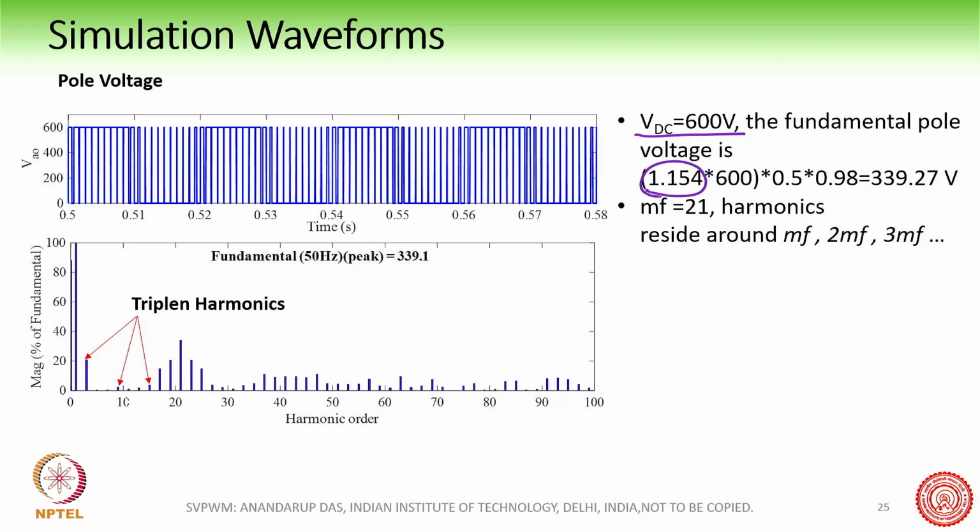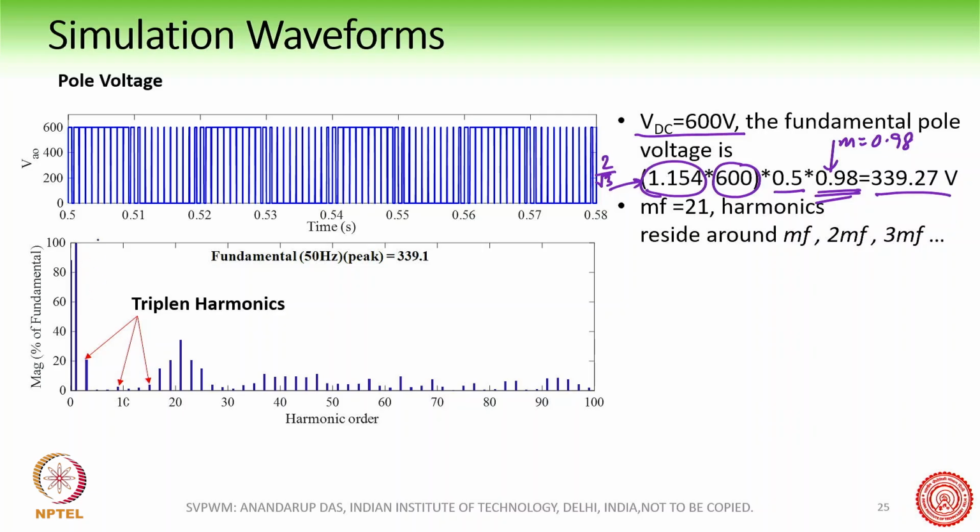We get 1.154 times, which is 2/√3, into the DC link of 600 volt, into 0.5, so VDC into the modulation index, which in this case is m equal to 0.98. So we get 339.27, which we can see here in the pole voltage.